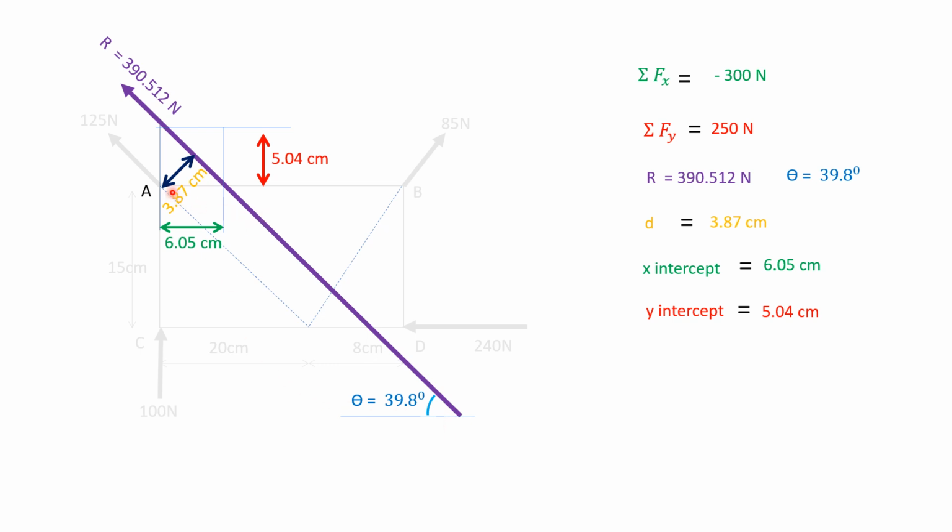So this is how the resultant is located about point A.